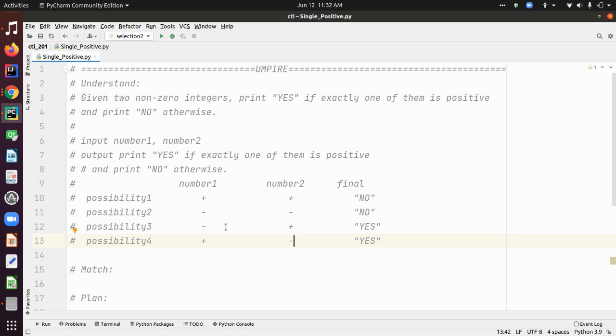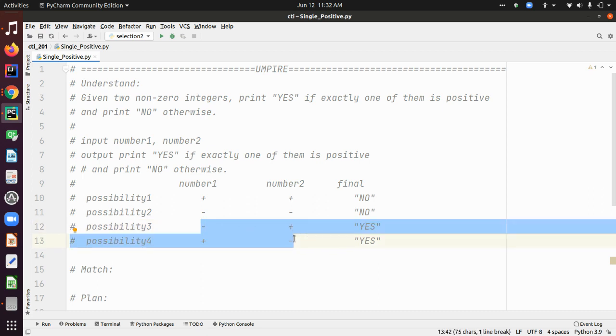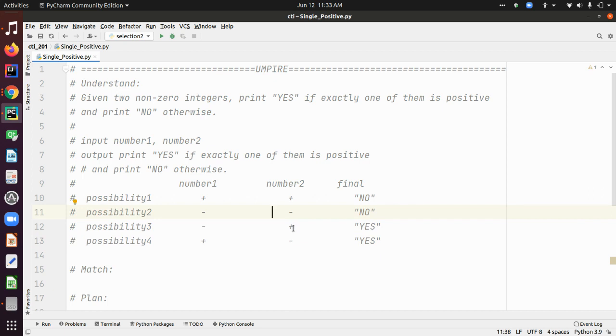Notice if we read it again, print yes if exactly one of them is positive. So these are the two scenarios. All right. So now we figured out what we have to do in the scenario in which exactly one of them is positive.